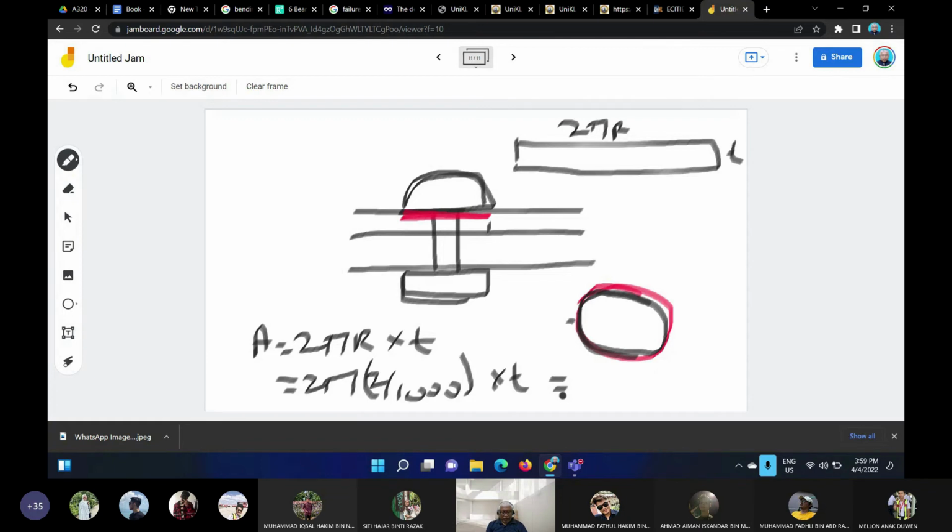Two times pi times 2, times thickness, 2 times pi times 2.